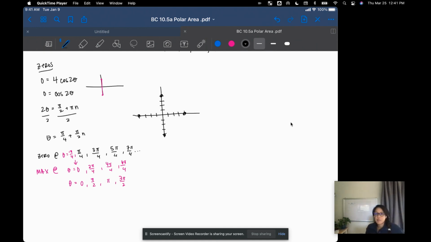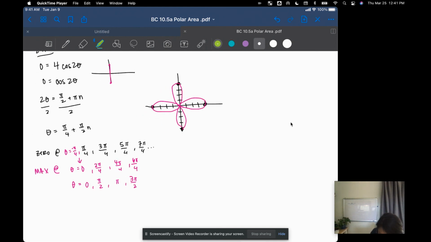Next up is to graph in the petals. So I'm going to start here. Okay, they don't quite go in this direction, but that's okay. The graph actually starts with the ordered pair of 4, comma 0: r is 4, theta is 0.